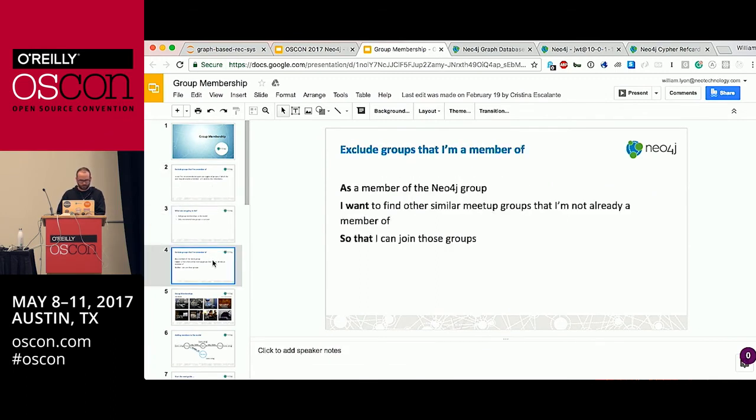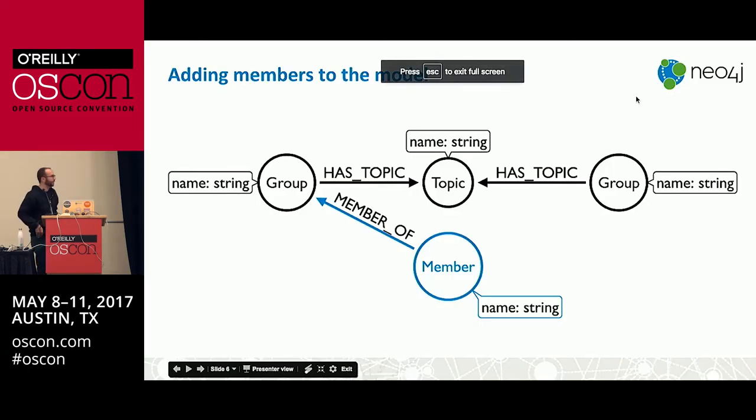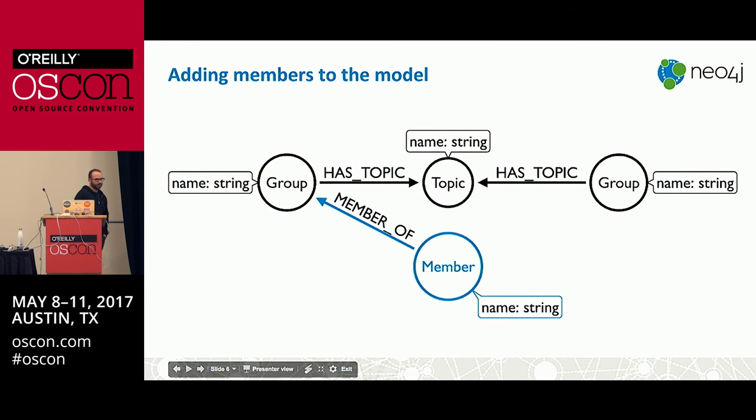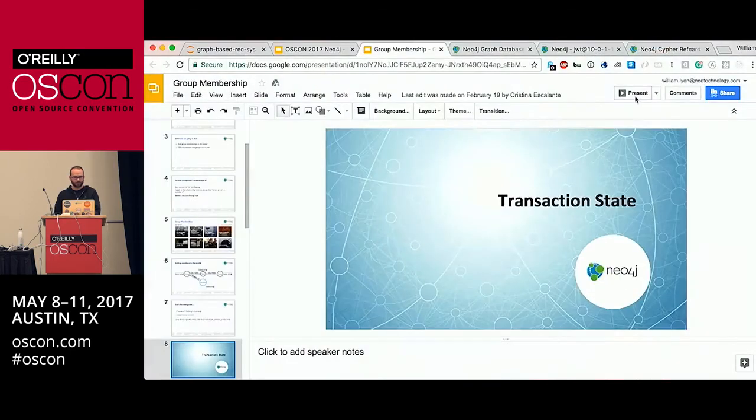So what we're going to do is import another piece of data to extend our data model. We're now going to have member nodes. They're going to be members of a group. And we're now going to enhance our recommendation query to take that information into account.